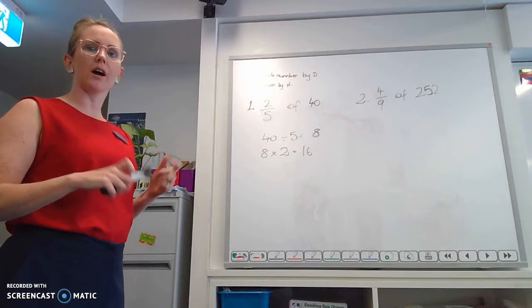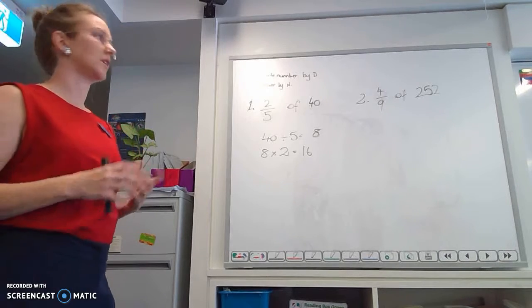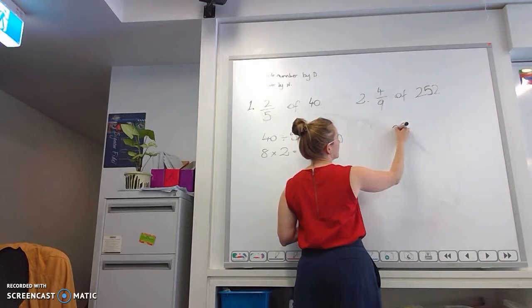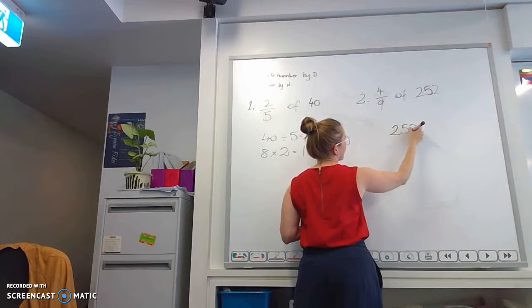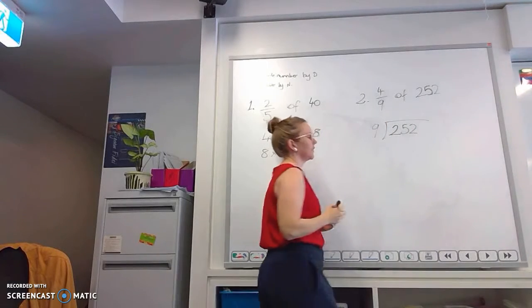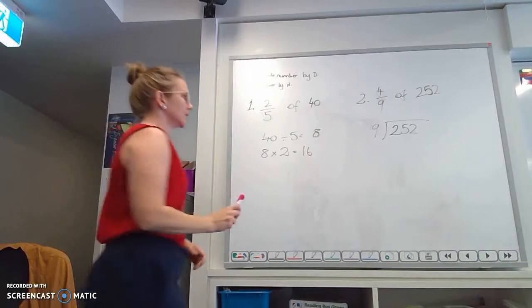And I don't think you have the use of your calculators in the exam. Let's pretend you don't. If you do, what a lovely surprise, okay? So 252 divided by 9. Don't call out the answer, because that means people stop thinking when you do that.